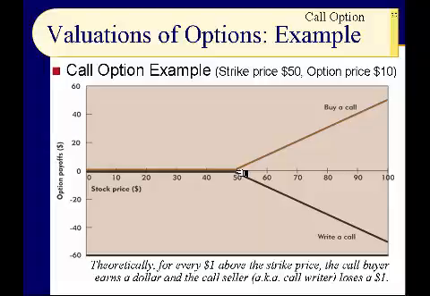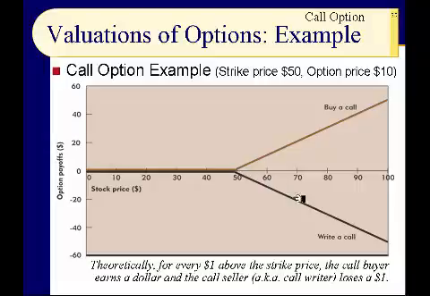Remember, they mean the same thing. But once the market price gets above the strike price, in this case $50, then the buyer of the option is now making money. And of course, the more the market price goes up, the more money they make.